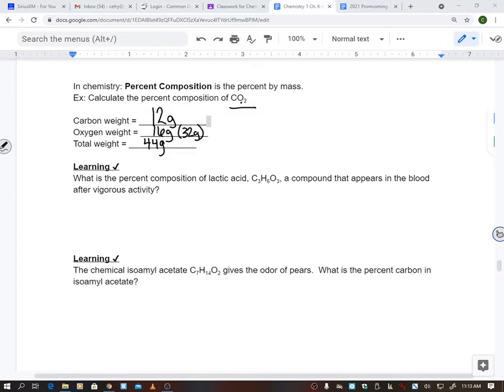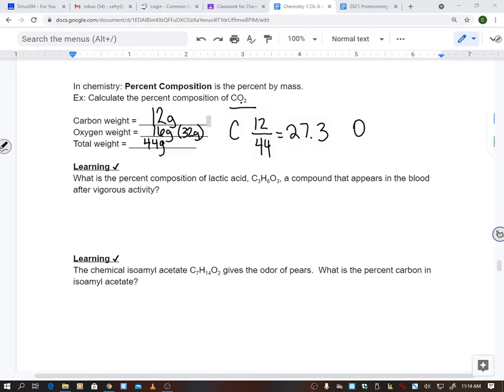Alright, so now if I'm doing the percent by mass, I'm going to take my piece of what I would have. So for carbon, for instance, my piece is 12. And then the total weight is 44. So it's always a piece divided by the total. So this is going to be 27.3. When I put this in my calculator, it gave me 0.273. I just went ahead and moved the decimal over. I multiplied by 100.